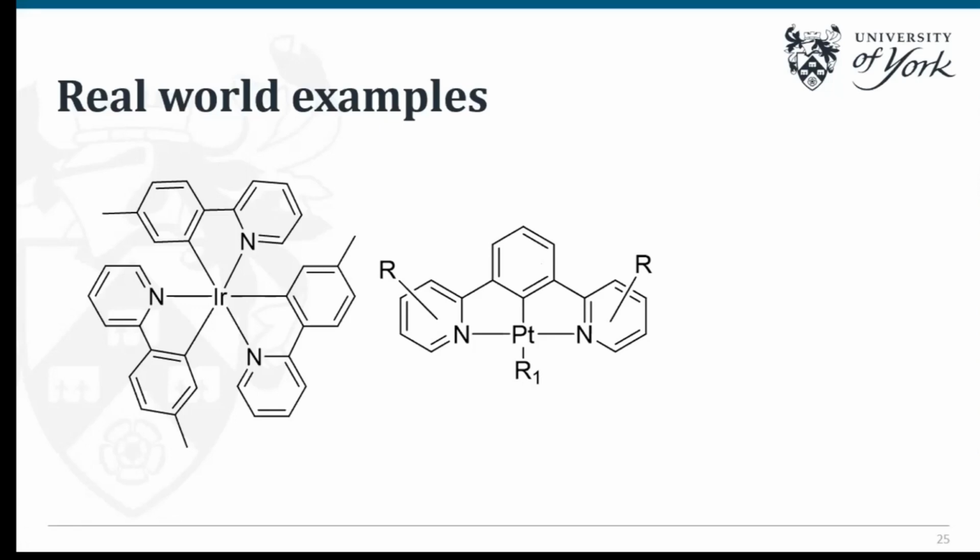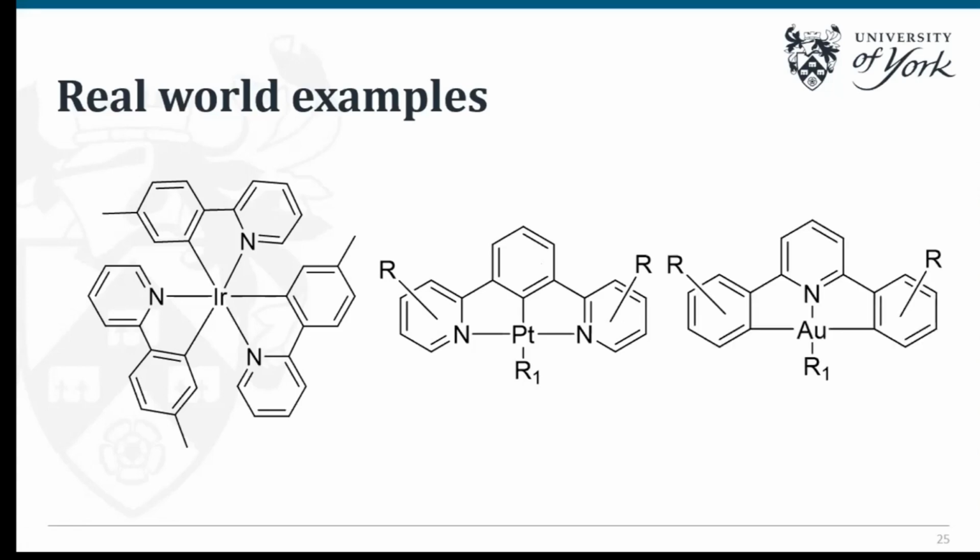Of more recent interest, so we're talking the last 20 years now, has been gold(III) complexes of this form. Gold(III) is what we call isoelectronic with platinum(II), because it has the same number of outer electrons in its shell, which means they tend to have similar properties.